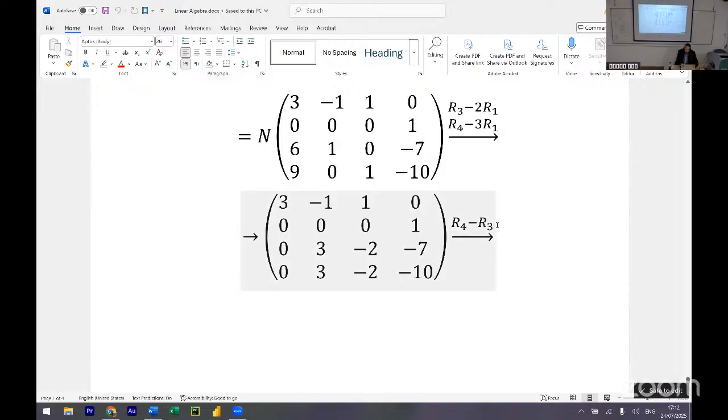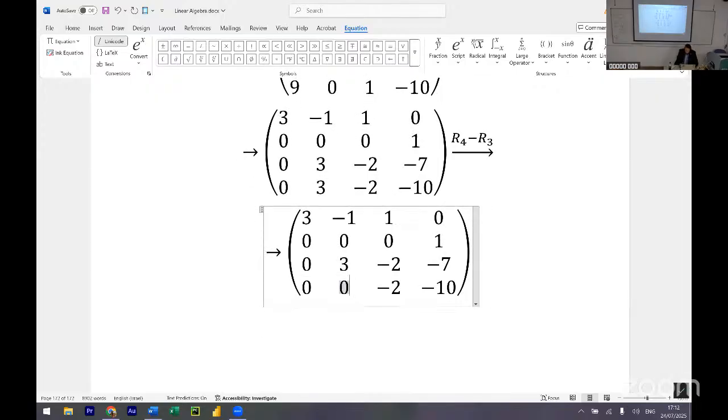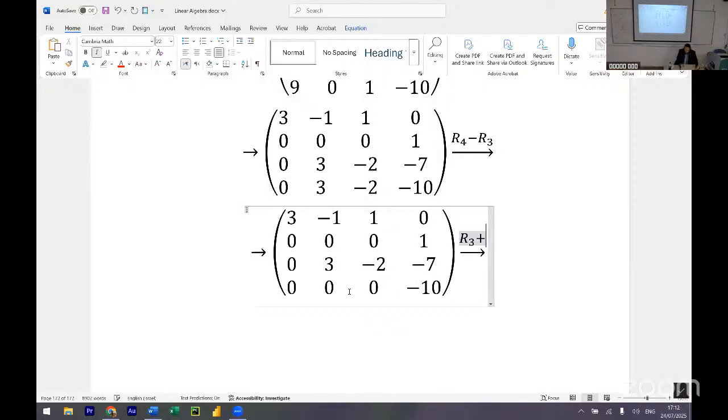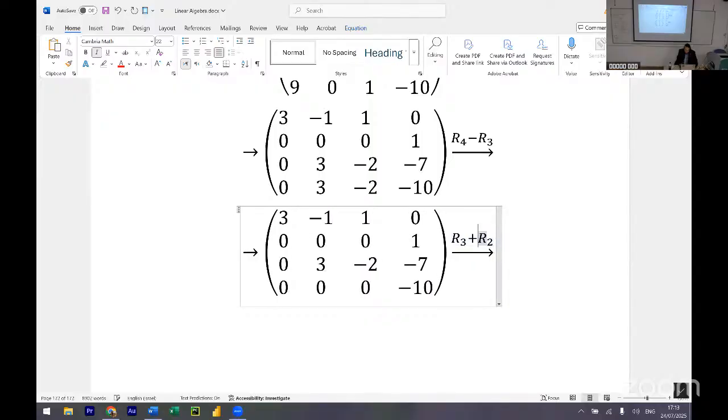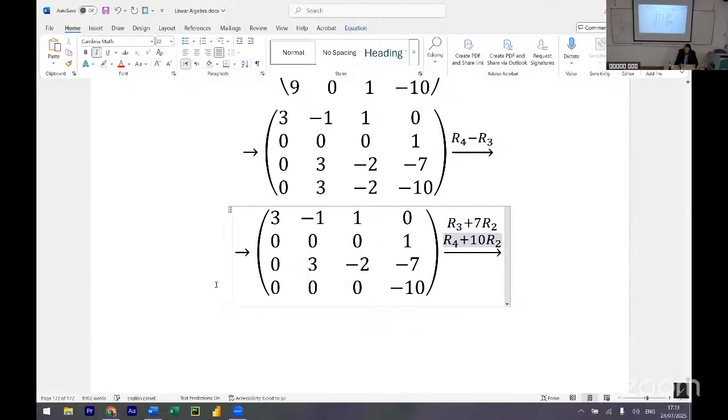Okay. So R4 minus R3, that was the next operation to be applied. And so that's 0, 0. And next we do R3 plus 7R2, and R4 plus 10R2.